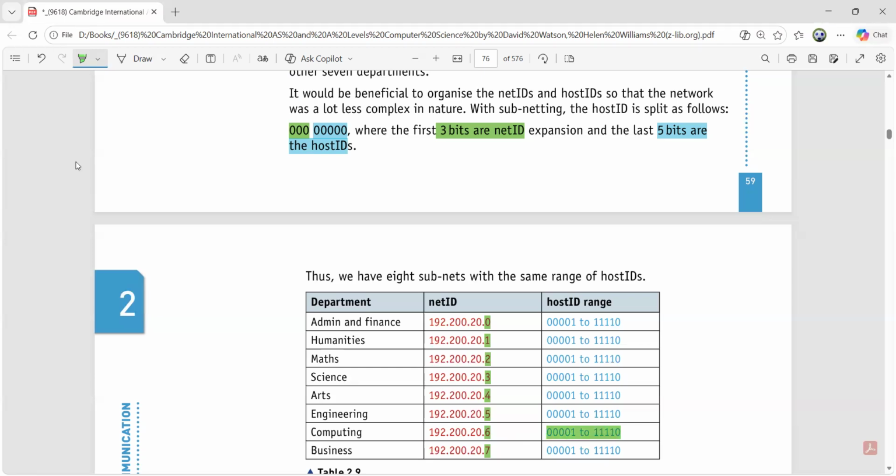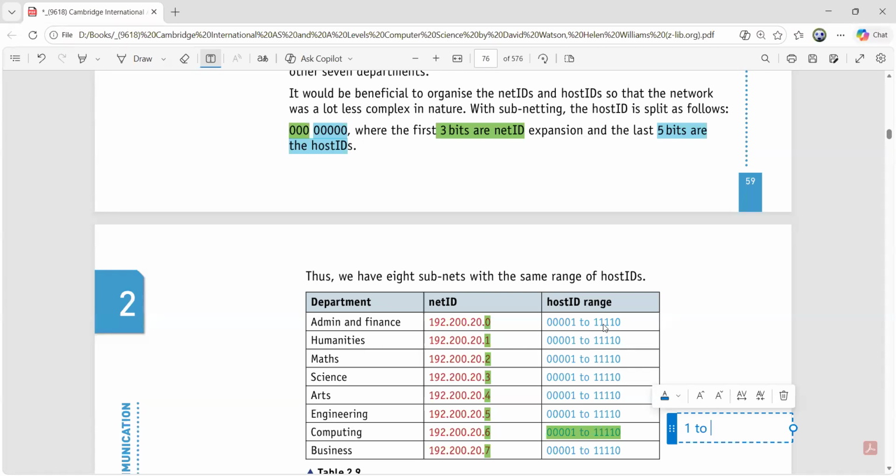And here we can see the host IDs are still good enough. If you convert it into its equivalent value, it will be from 1 to... just recall your 1, 2, 4, 8, 16. 16 plus 8 plus 4 plus 2.